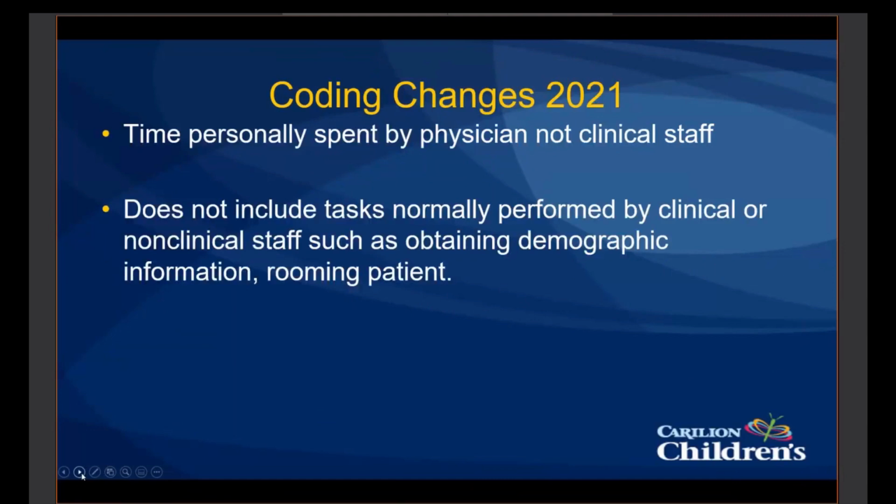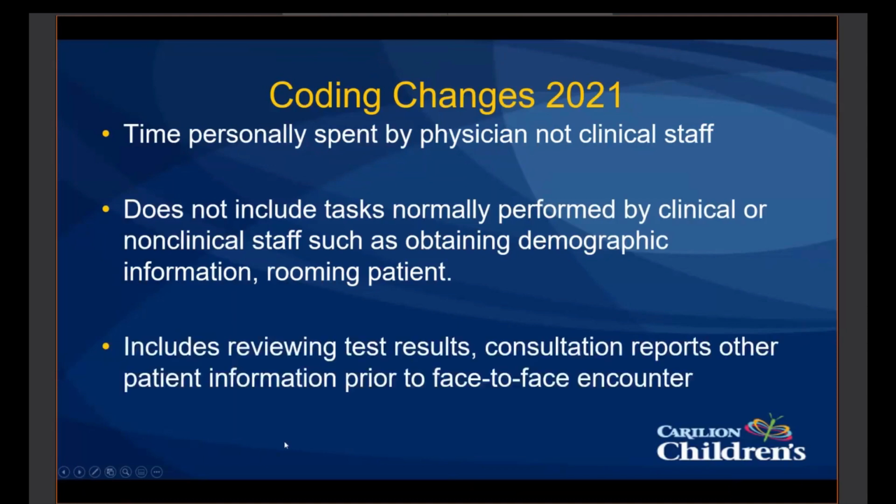Coordinating care when not separately reported. So if you're coordinating care and somebody else is not charging for it, then you can charge for it, but it has to be done on the same day. All right. So these are just the time ranges which have changed. Of course, for the new patient, it's longer time ranges for established patients.